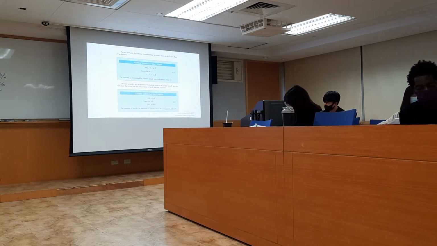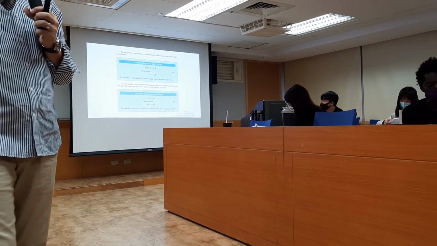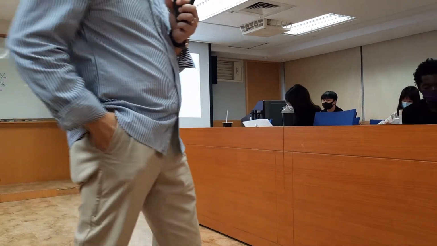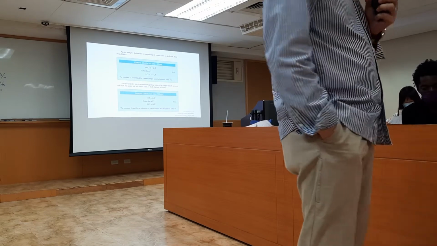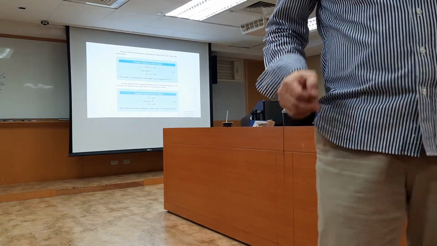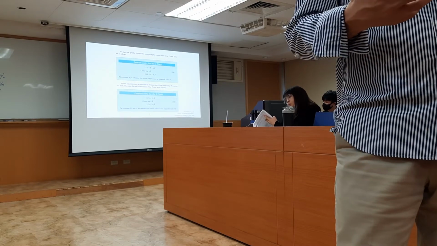For sample sizes 2, 3, 4, 5, 6, the D3 is 0. Why are they all 0?